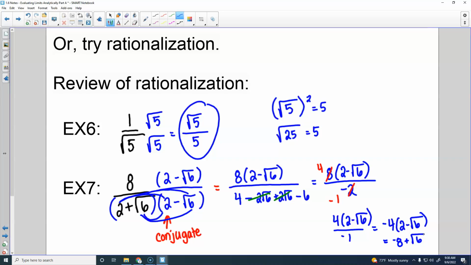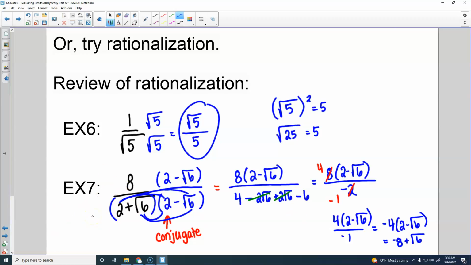If you possibly can, you want to, but in this case, you're not going to be able to get rid of that square root of 6 without going to decimals and getting an approximation, because you can't break down square root of 6. And we can't multiply by the conjugate again unless we also do it on top and bottom, and that's just going to take us right back to what we had over here.